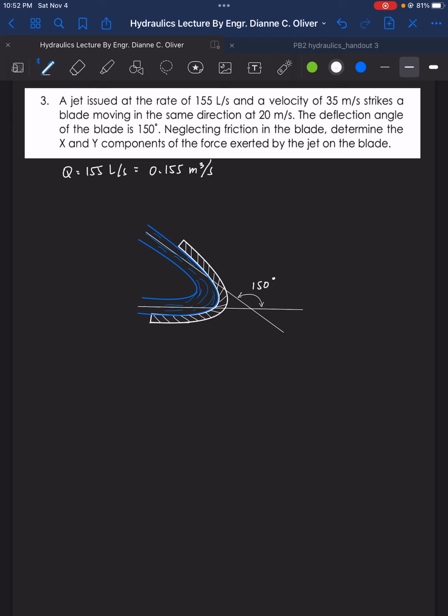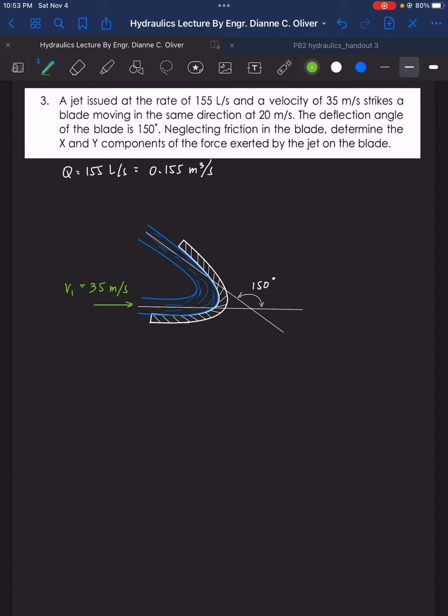Then the velocity, a jet issued at a velocity of 35 meter per second strikes a blade. So that means this velocity happened before striking the blade. So we have here the initial velocity V1, 35 meter per second. And the blade is moving.